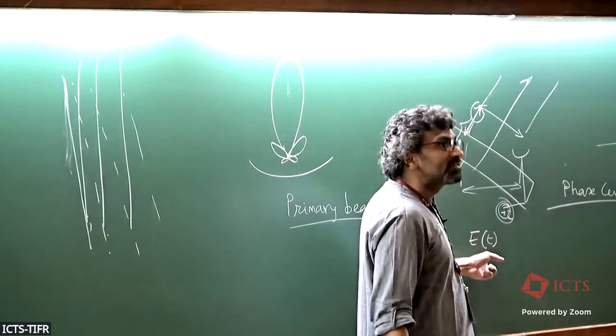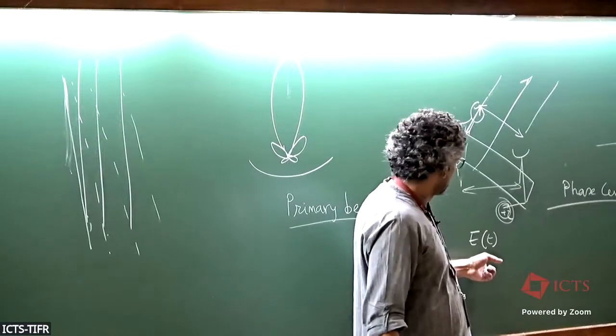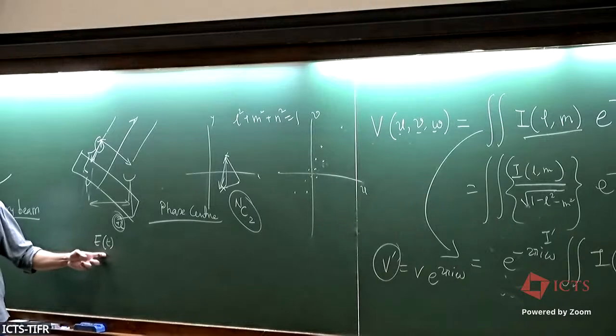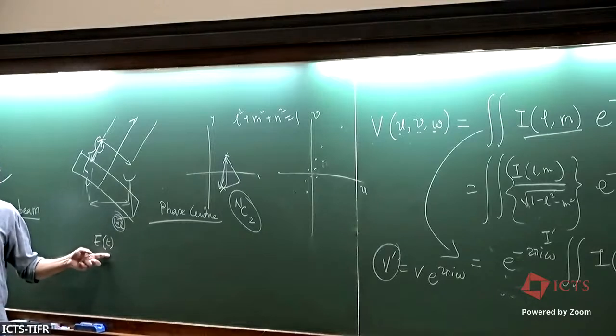Now most of the telescopes, the way they operate is this. They will sample this electric field with a very, very high time resolution. You sample the electric field, or whatever is the equivalent signal, electric field times some gain plus noise, with a very, very high time resolution.